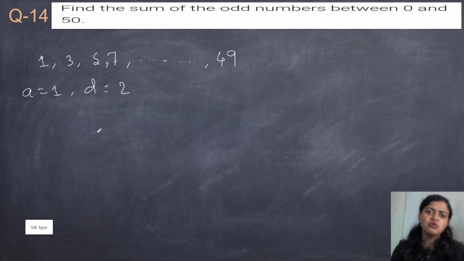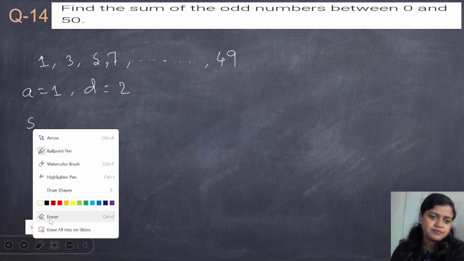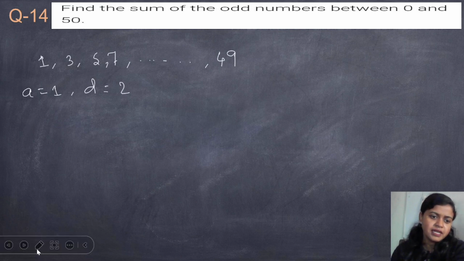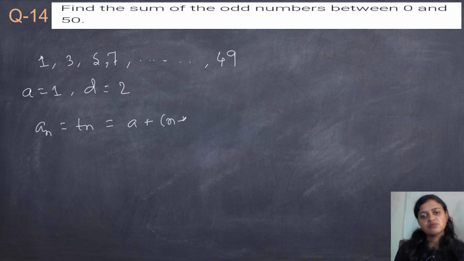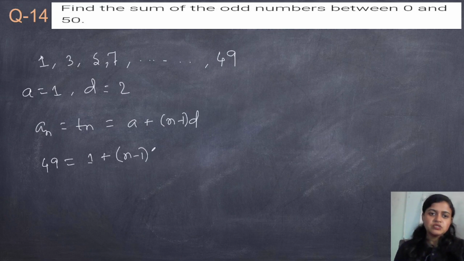But we don't know how many terms there are. So first we have to find N. Tn, or you can write An also, equals A plus (n minus 1) into D. Tn is 49, so 49 equals A, which is 1, plus (n minus 1) into D, where D is 2.